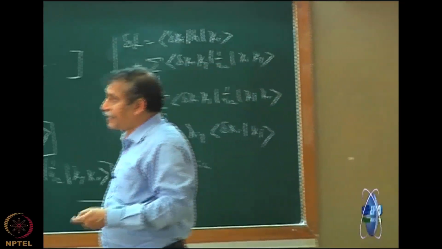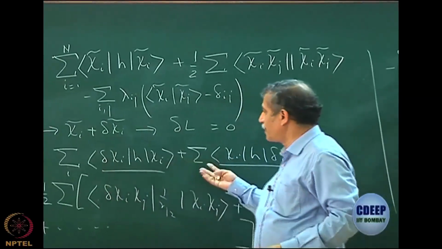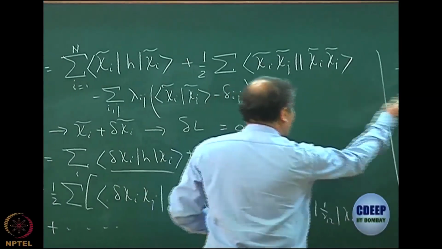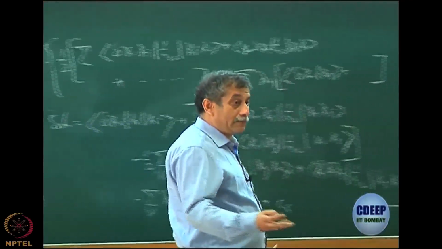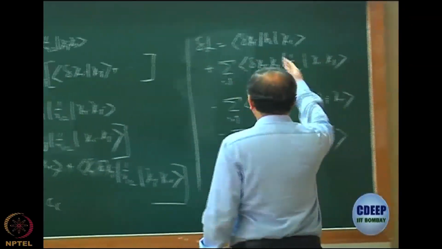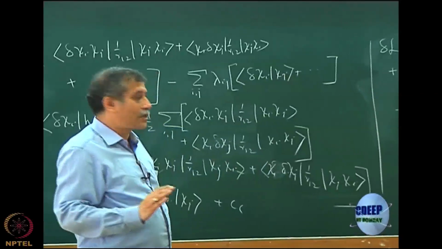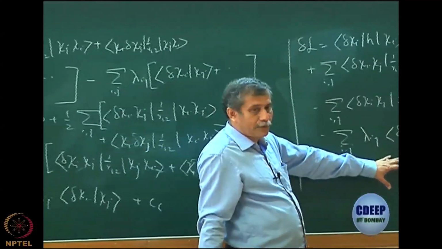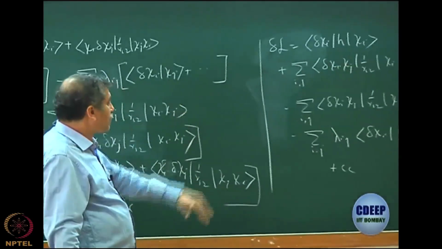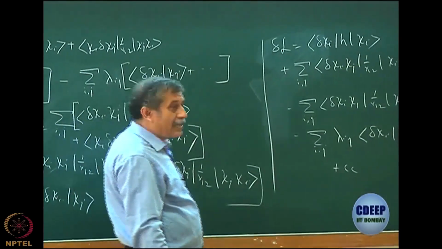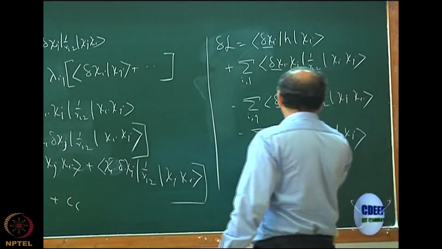So what looked like a very monstrous expression, 2 from here, 4 from Coulomb, 4 from exchange, and 2 from the Lagrange multiplier, almost 12 terms, has now simply become 4 terms because I am writing this conjugate. So of course there are 8 terms actually, but the 4 terms are relevant. The rest I can write as complex conjugate, and I have managed to write it in a way that the left hand side everywhere is delta chi.